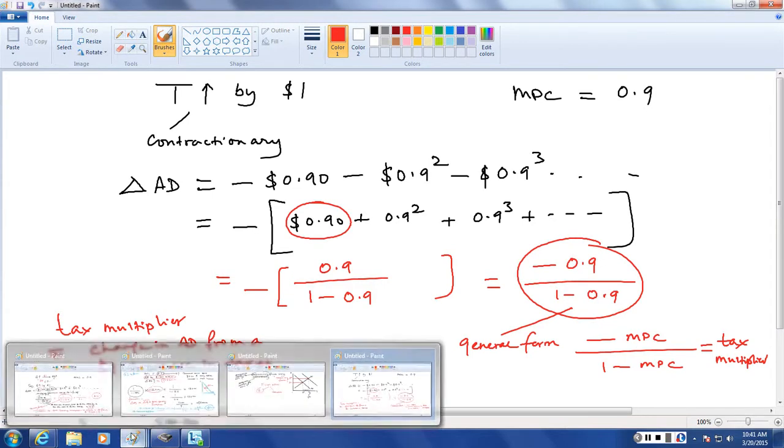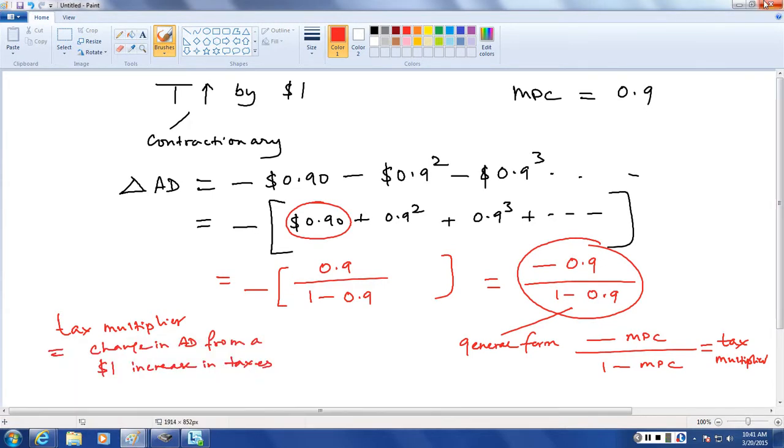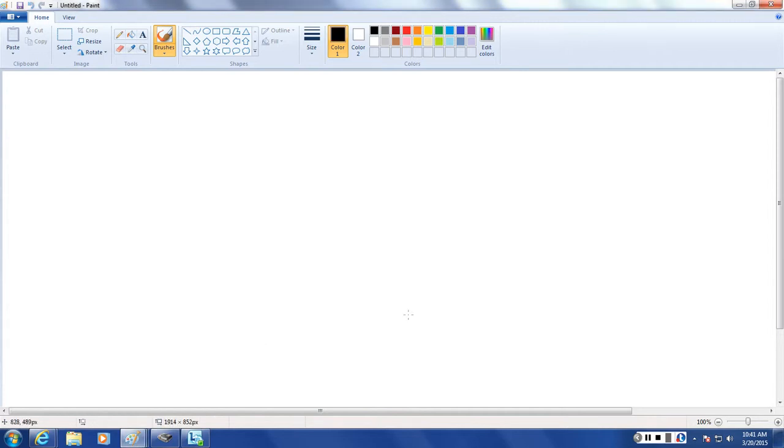Let me give you a little problem here. Say there is a recession. And if there's a recession, what should the government do to taxes? Raise them or lower them? If there's a recessionary gap, what should the government do?